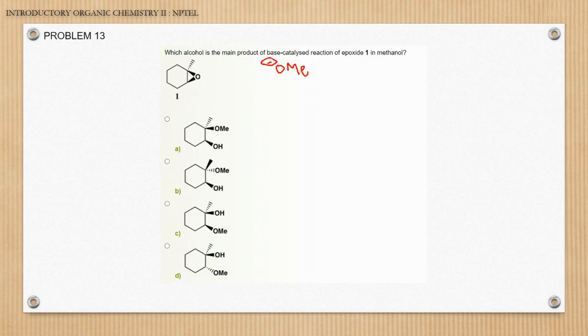Because the methanol hydrogen is abstracted by base, so there is a methoxide present. Now, this methoxide has two positions to attack, either this or this. So which is to be attacked? One or two. Which would it favor?